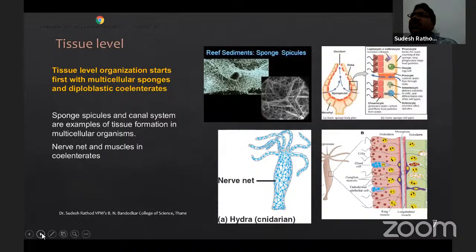And these animals show different kinds of cells in their body. What are those? It may be scleroblast, myoblast, schizocytes and trophocytes, like different kinds of cells are there.